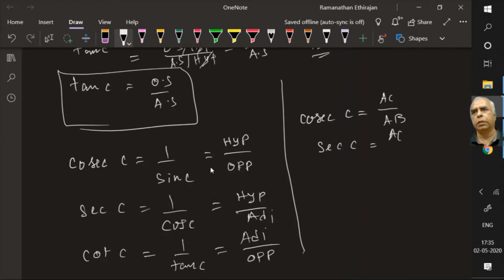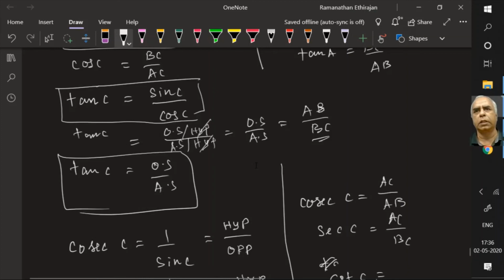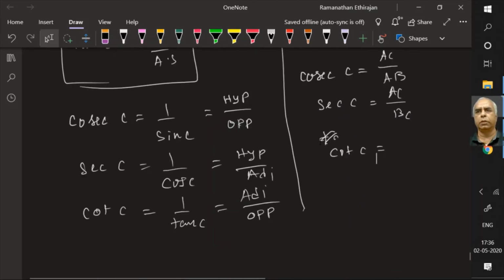Similarly, cot C is the reciprocal of tan C. Tan C is AB by BC, so cot C is BC by AB.